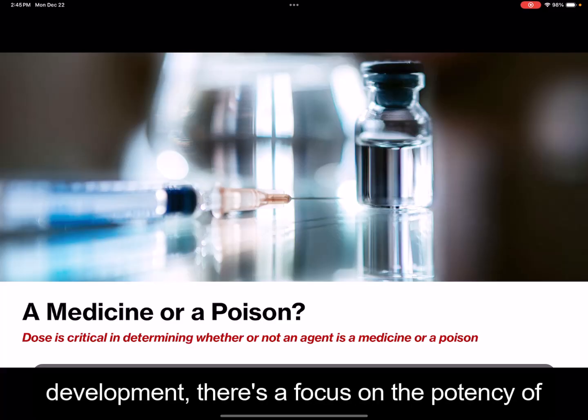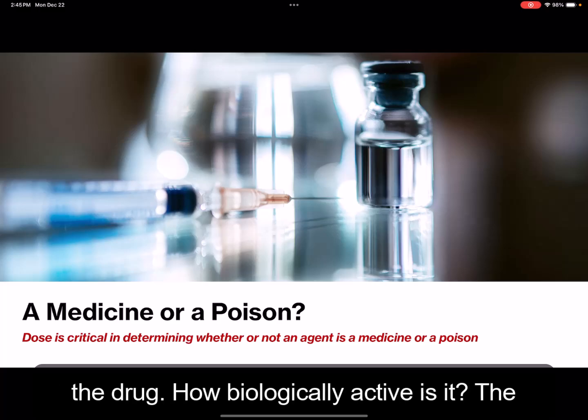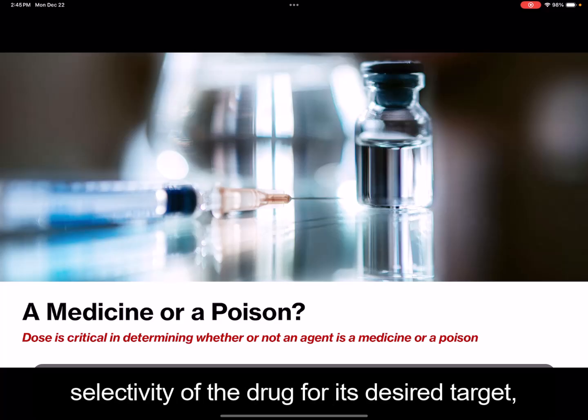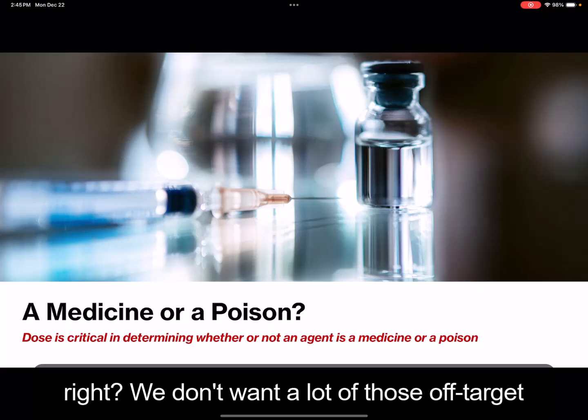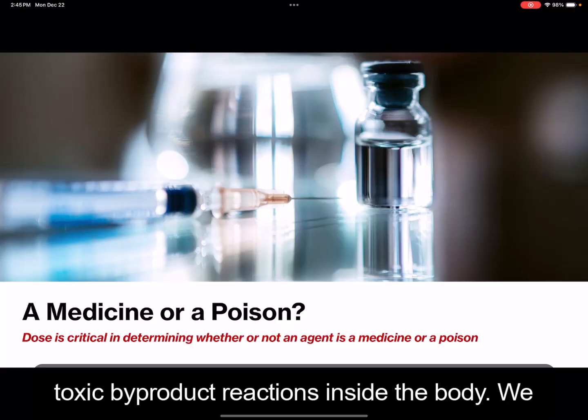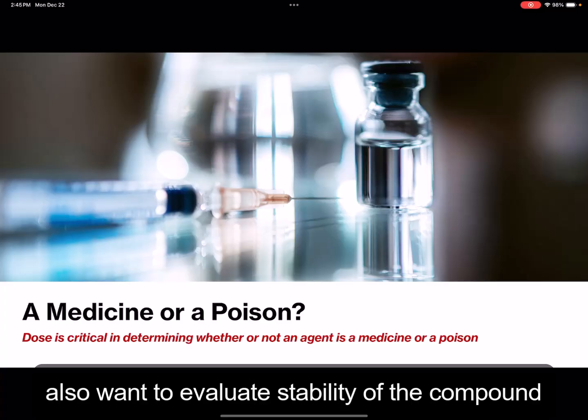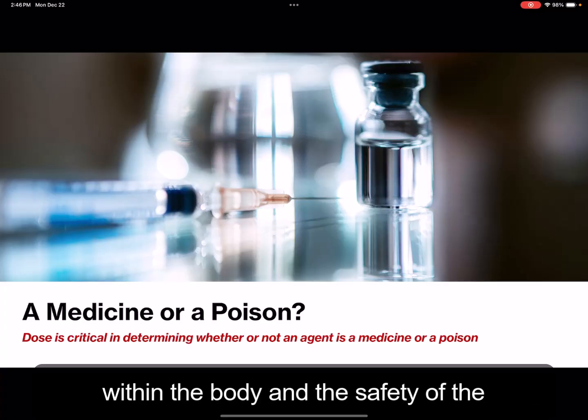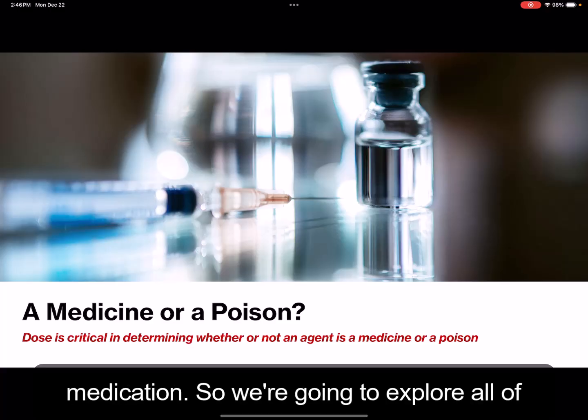So during drug development, there's a focus on the potency of the drug, how biologically active is it, the selectivity of the drug for its desired target, right? We don't want a lot of those off-target toxic byproduct reactions inside the body. We also want to evaluate stability of the compound within the body and the safety of the medication.